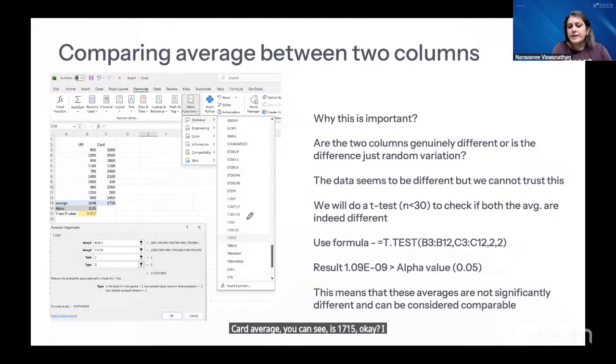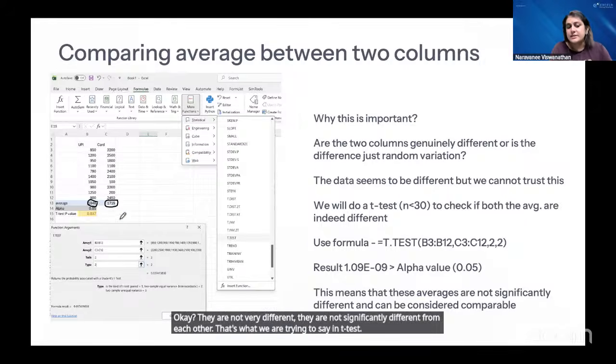I have done a t-test. Alpha is 0.05. Look at the t-test. The p-value is 0.35. Evan, can you see this? What does this mean? It means that this 1046 is not different from 1715. That's what we are trying to say. They are not significantly different from each other. That's what we are trying to say in t-test.